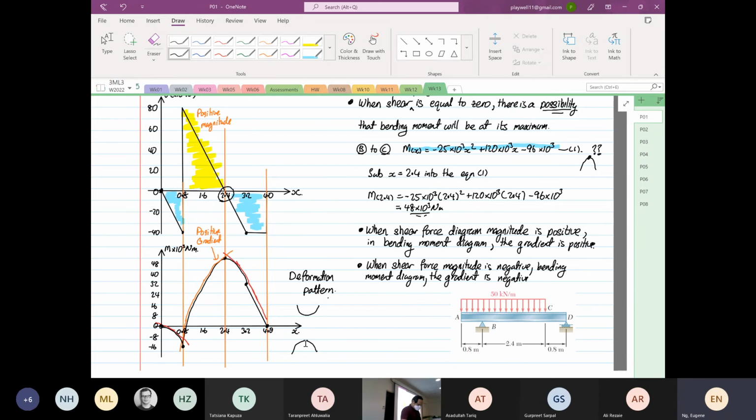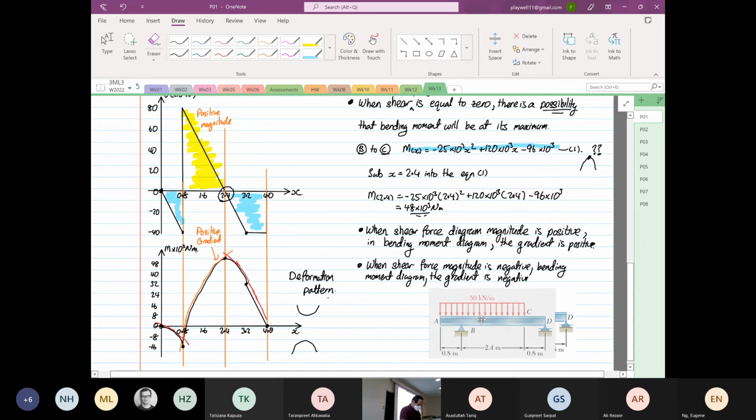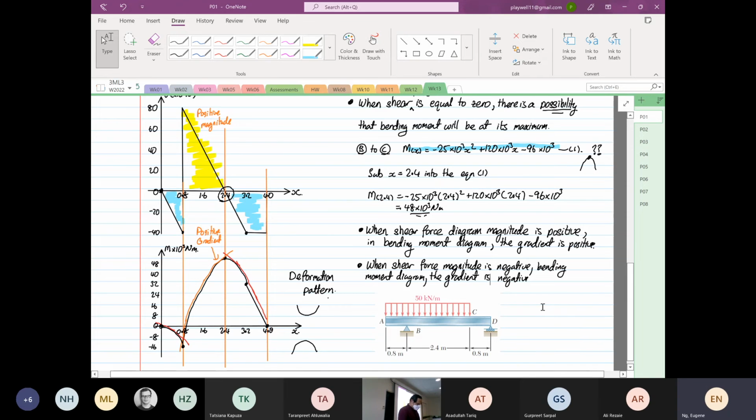Okay, so watch this. You can see over here, that's our beam. I'm doing this based on the bending moment diagram. So I believe the structure will deform as a sad face up to here, then from here you'll become a smiling face until here. Makes sense, right?